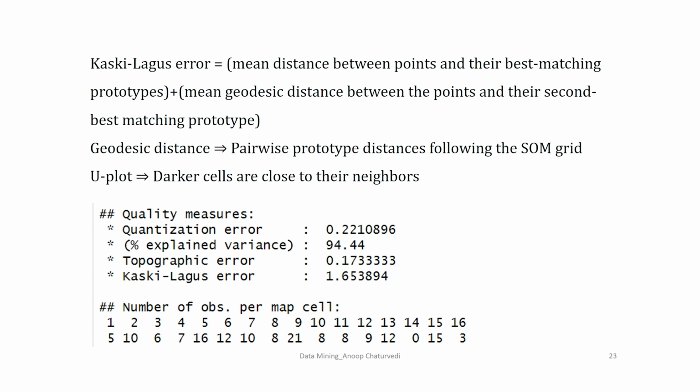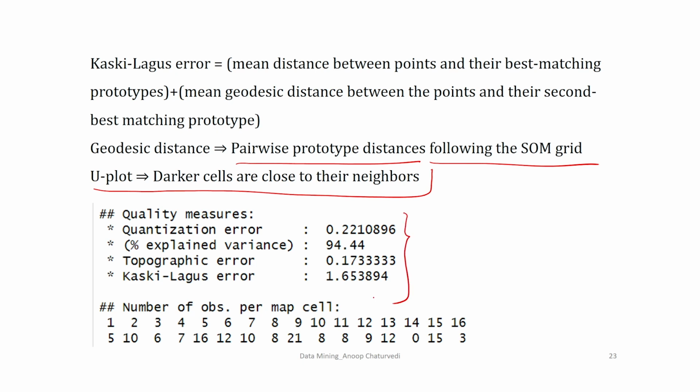And we define the geodesic distance as the pairwise prototype distances following the SOM grid. And then we have U plot also. So, in U plot darker cells are close to their neighbors. So these are the quality measures.